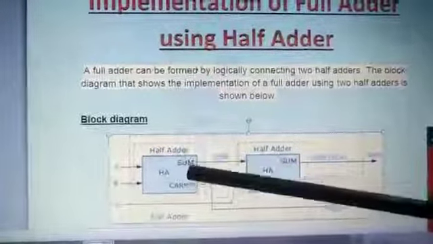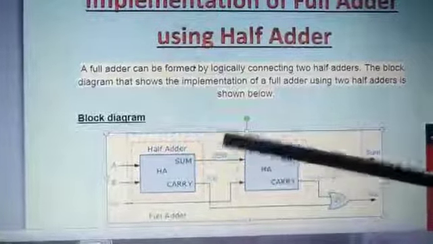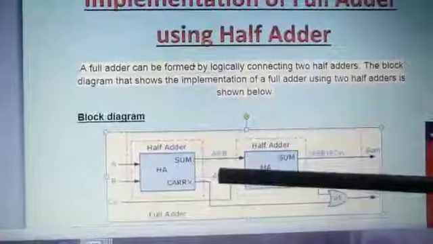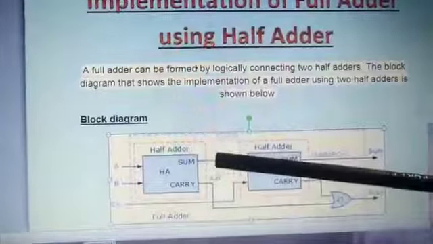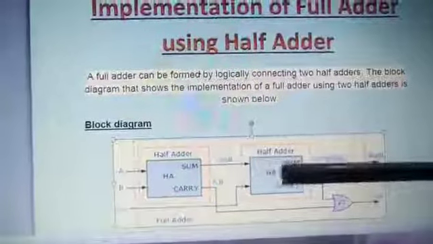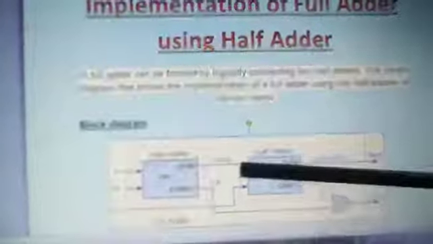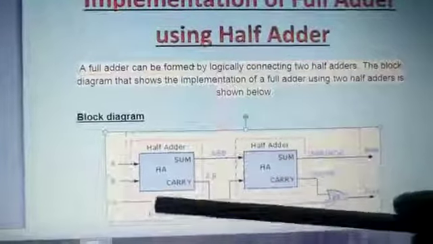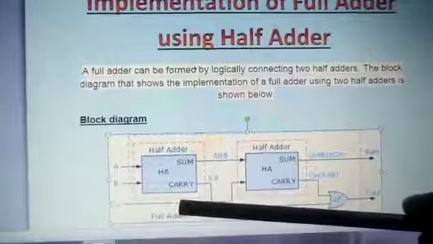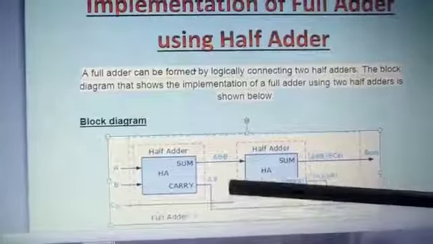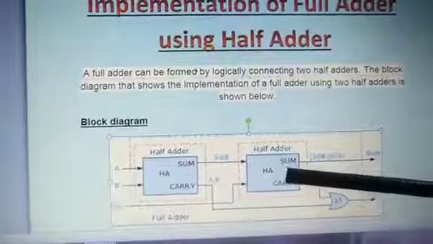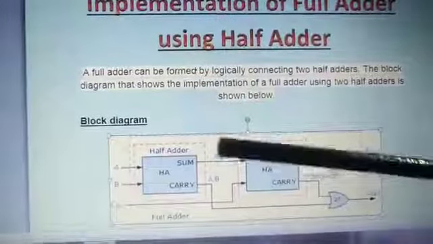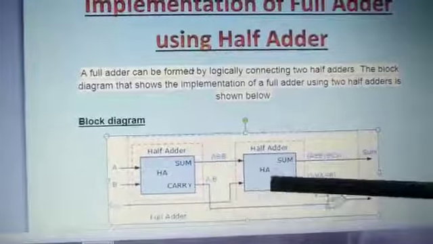It generates the sum, which is A XOR B, and generates a carry, which is A into B. This sum output again becomes an input for the second half adder, and C in, that is the previous bit carry, acts as the second input to the second half adder.